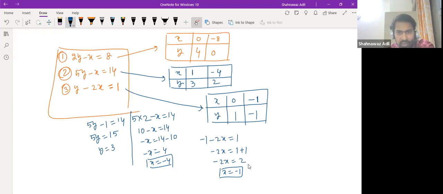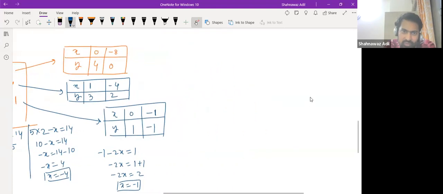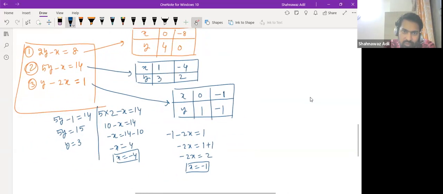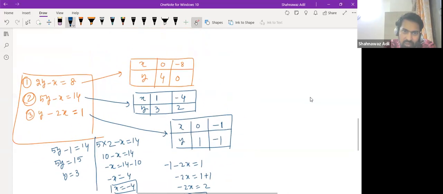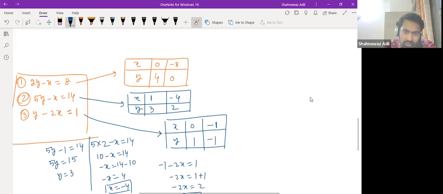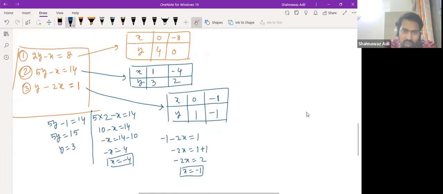Understood this point, Rifa? Are these points clear? Can I note it down? Yeah, please note it down.